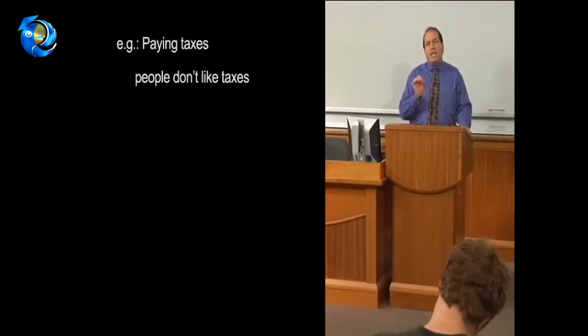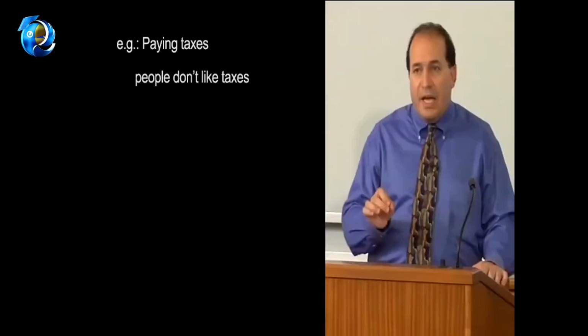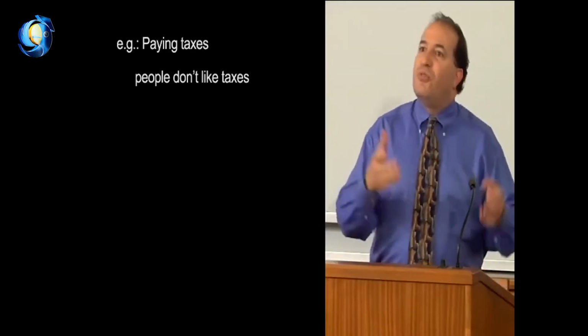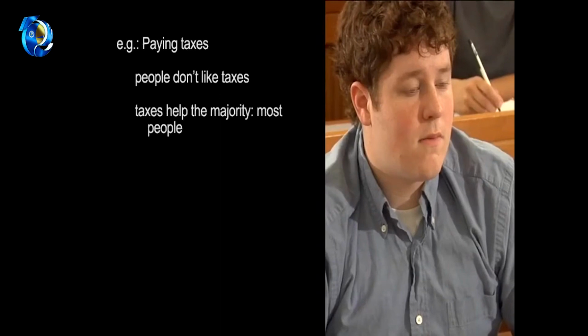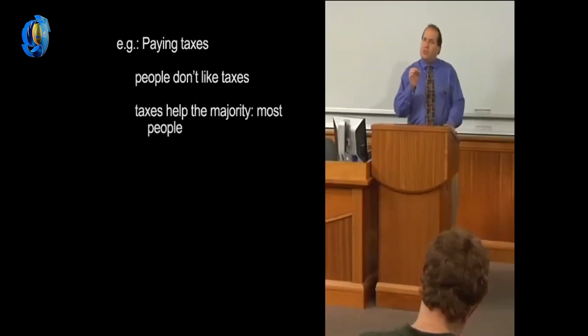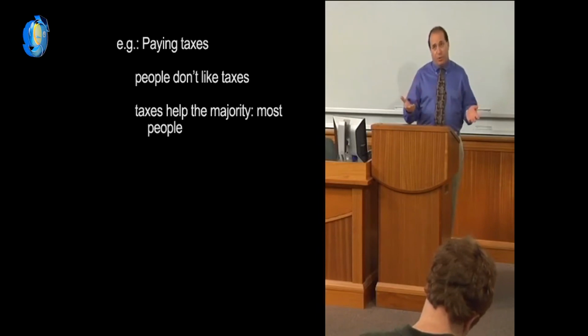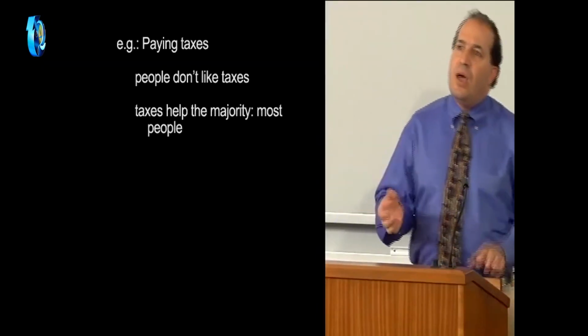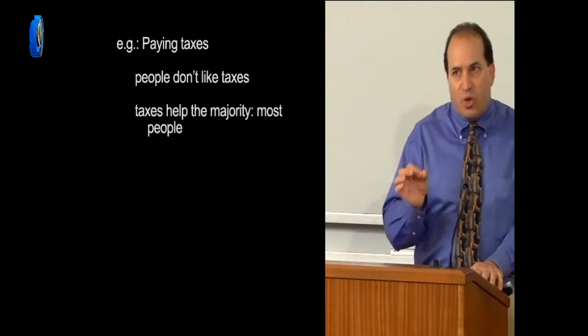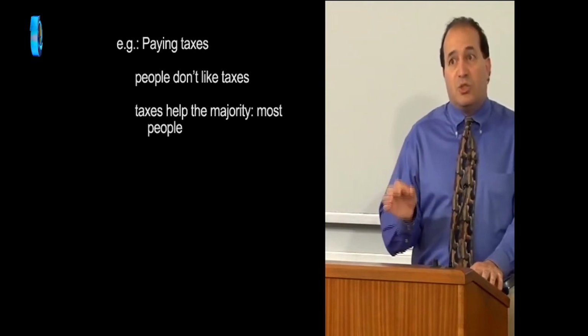So, even though paying taxes is bad for some people individually, it's good for the majority, for most people in the community. So, to decide if an action is ethical following the utilitarian approach, we must ask, what action will cause the greatest good for the most people?